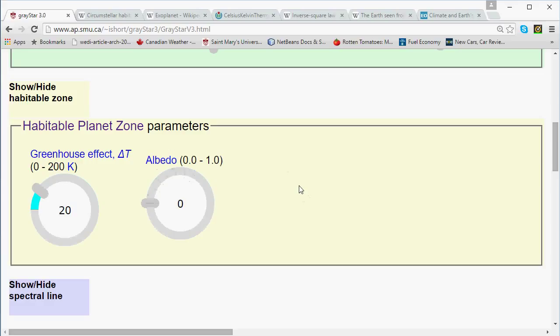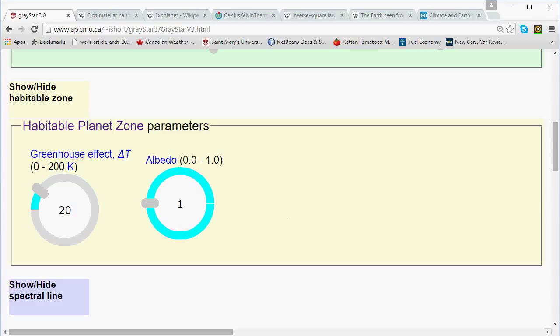The whole surface would be very effective at absorbing flux, and so that planet would have a very large heating rate for a given flux from its host star. On the other hand, if we had a planet whose albedo had a value of 1, that would be a planet whose entire surface is very light colored. So the whole surface would be effective at reflecting flux back into space and not getting heated. So that would be a planet whose heating rate is very low for a given flux from its central star.